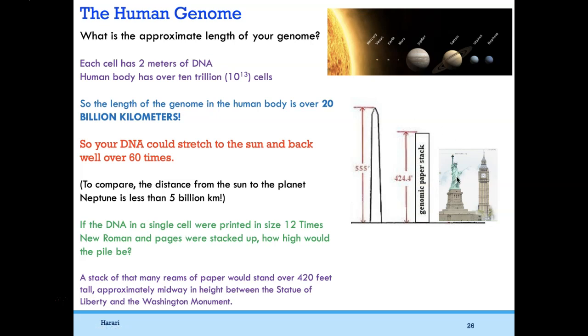So that is a lot of letters, right? So it's 3 billion letters of DNA in each cell. Well, actually, you could say more. That's half. So it's 3 billion base pairs in each cell.